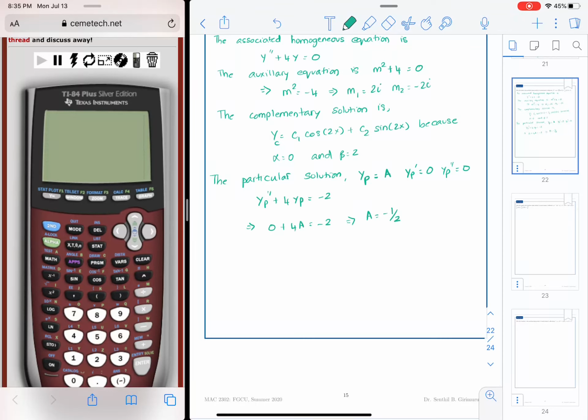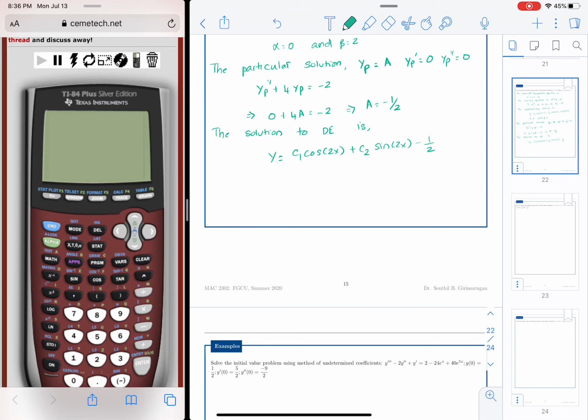So the general solution to the DE is y equals yc, which is c1 cosine 2x plus c2 sine 2x minus 1/2.